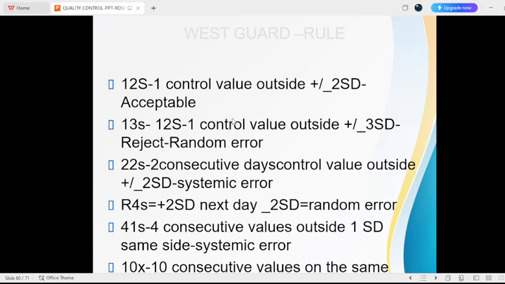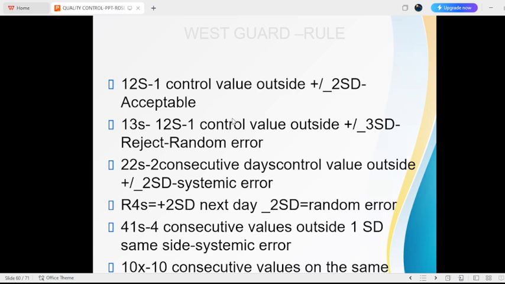Usually, for a normal Levey-Jennings chart or quality control, all the values should be within plus or minus 2SD, and then only it is acceptable. This is an exception: if one control value is outside plus or minus 2SD, it is still acceptable. That is the first Westgard rule.